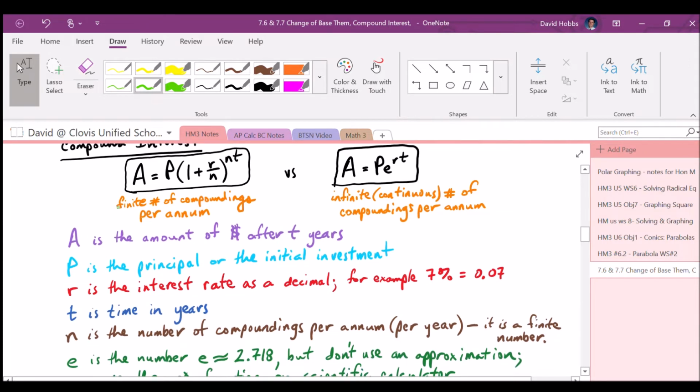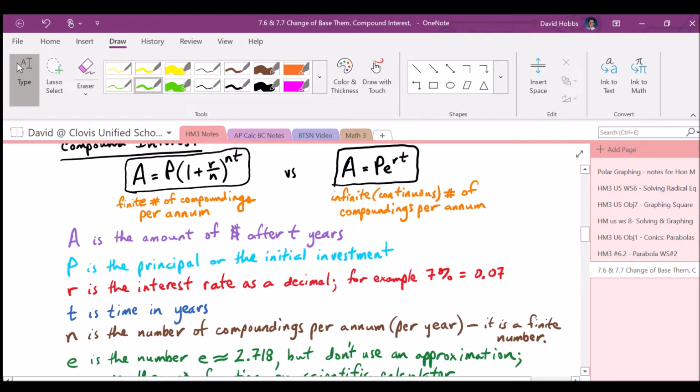A for both formulas is the amount of money after t years. P is the principal, which is the initial investment. R is the interest rate as a decimal. Make sure that you enter it as a decimal correctly, not as a percentage. T is time in years. N in the first formula, it's not in the second formula.